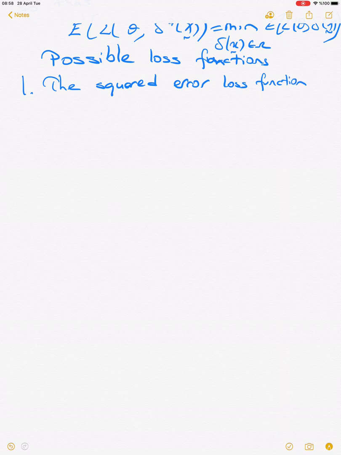If you have binary variables, the squared error loss function does not help that much, so you have to find different loss functions, like the hinge loss function. So you have to convert your system to a convex system.